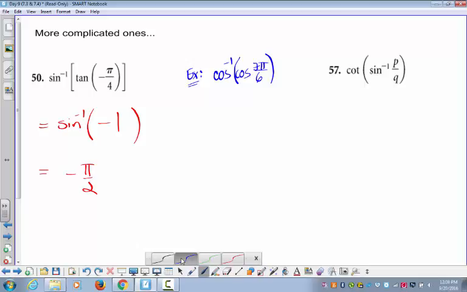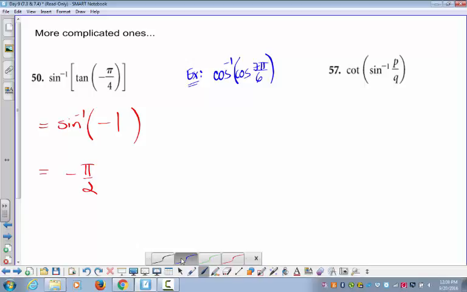Yeah, wouldn't you love to just say, hey, that's 7 pi over 6? And there are times where that will happen. But when we look at that outside function, inverse cosine, is that on the top or the right of the unit circle? It's on the top. Is 7 pi over 6 on the top half of the unit circle? No. So we know that that's not going to happen.